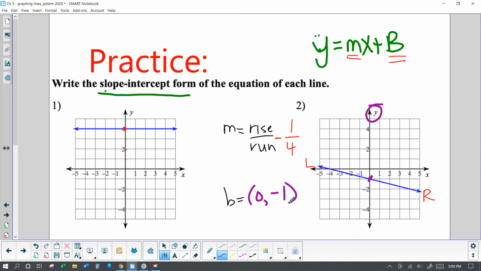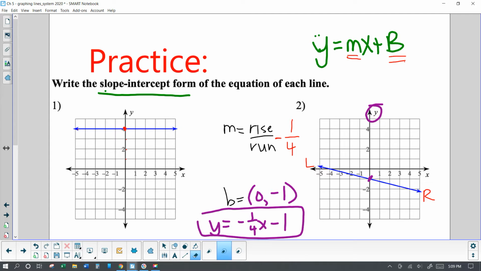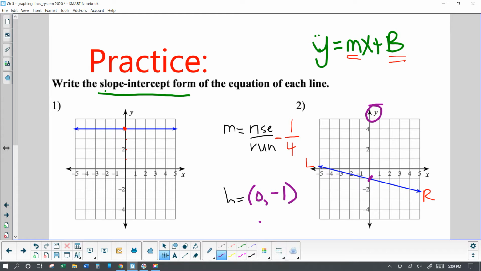So now I can go ahead and fill in my equation. Y is -1/4 x, because that's my slope, minus 1. That's my y-intercept. And remember, if you're struggling with writing the equation, you can always start out by, where we kind of have been starting with our equations.